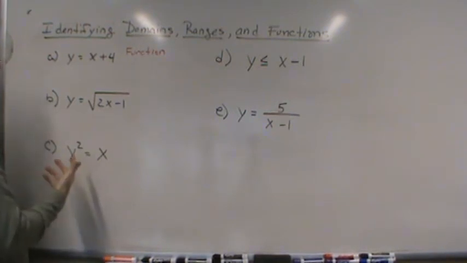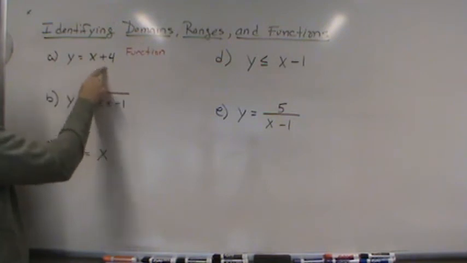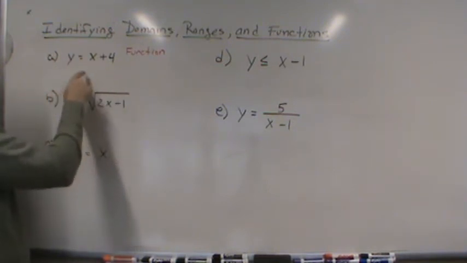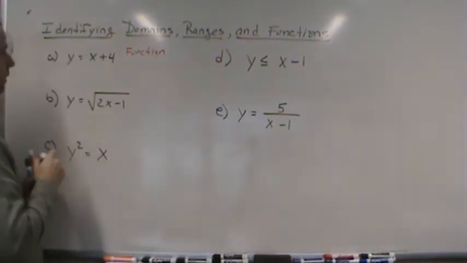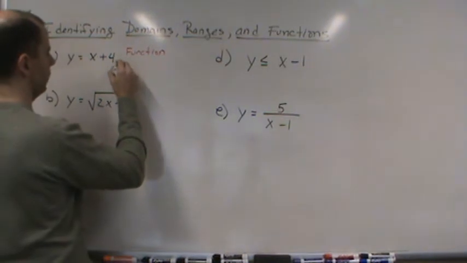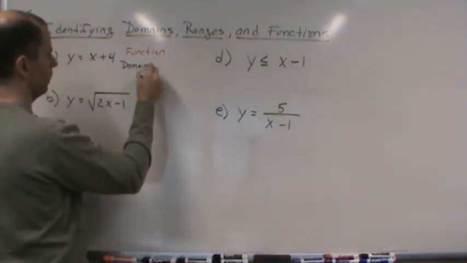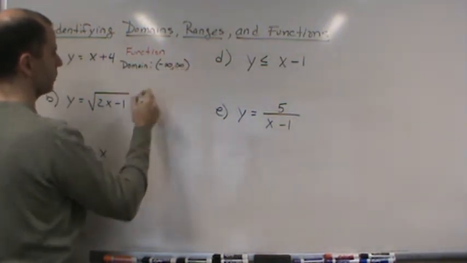The answer is no. Remember, this is a linear equation, a straight line, so there are no values of x that won't give us a value of y. So the domain in this case is all real numbers, from negative infinity to positive infinity.